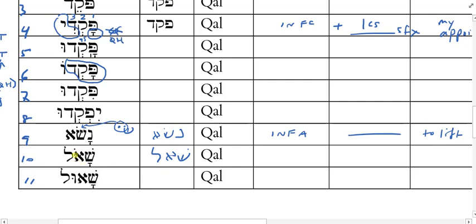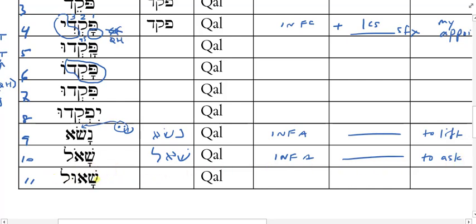The vowel pattern is the vowel pattern for what? A-O. Yeah, that's the infinitive absolute. Good. And so, don't have anything attached to it. What does sha'al mean? To ask. Good.